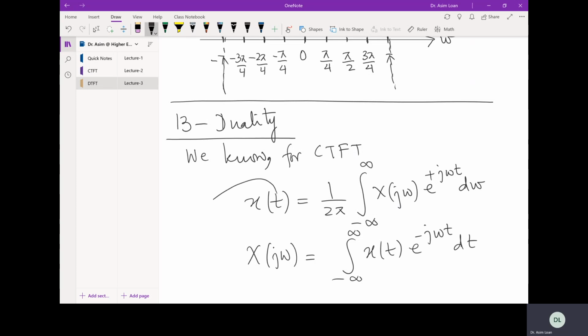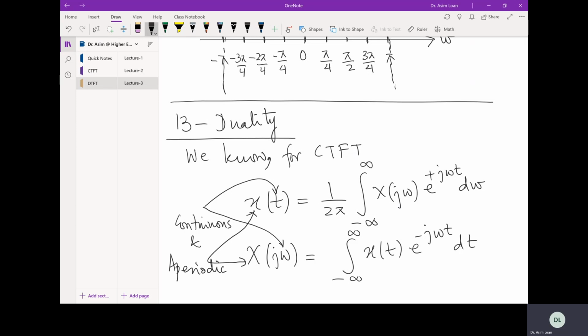Now this t and this omega both are continuous. This x and this x, they are aperiodic.